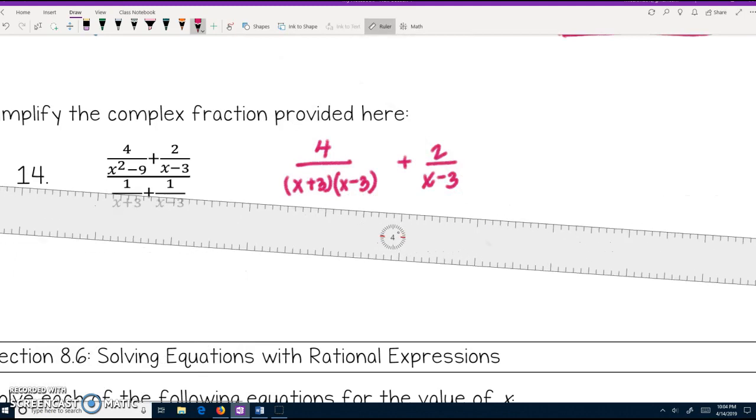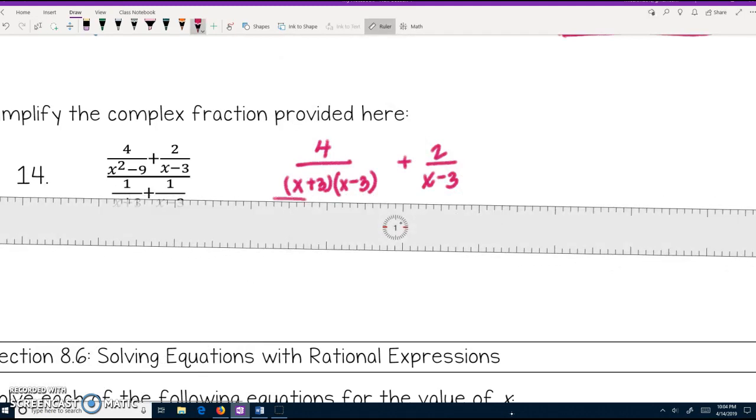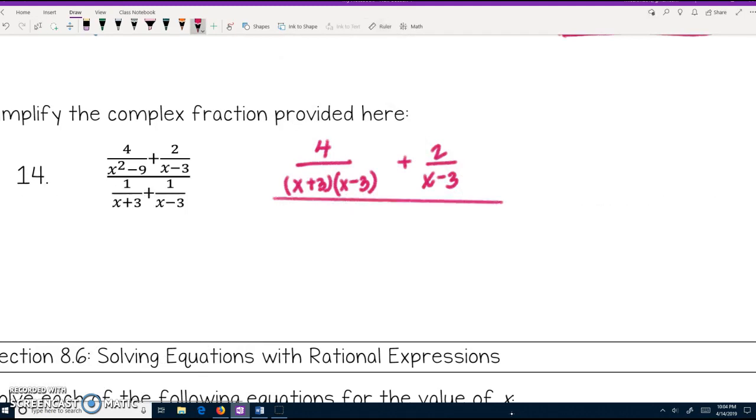And then everything over in that 2 over x minus 3, that's just linear, so I can't factor that up. And then on the bottom here, I have 1 over x plus 3 plus 1 over x minus 3. So when I compare all of these denominators, x plus 3 and x minus 3, those are going to account for all of the pieces that we see here.